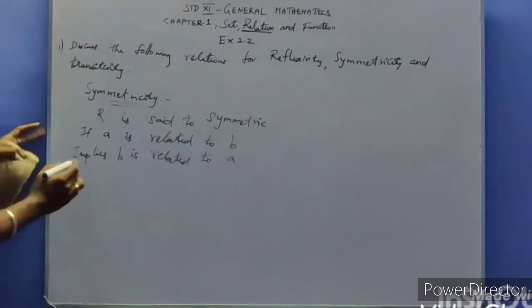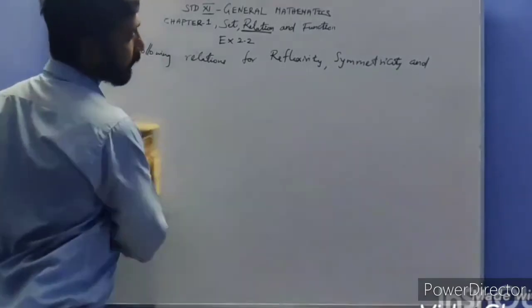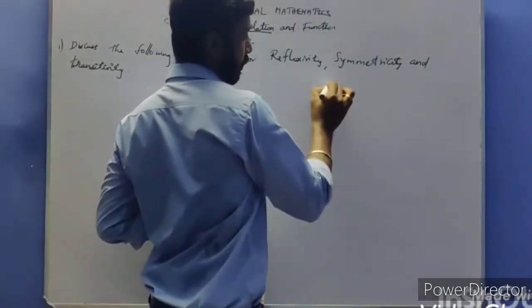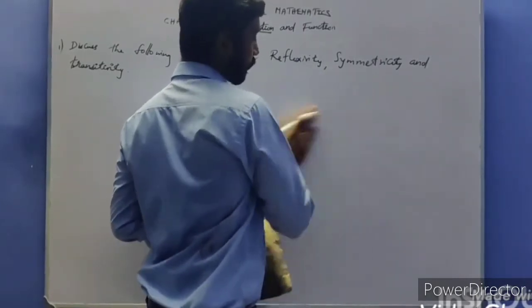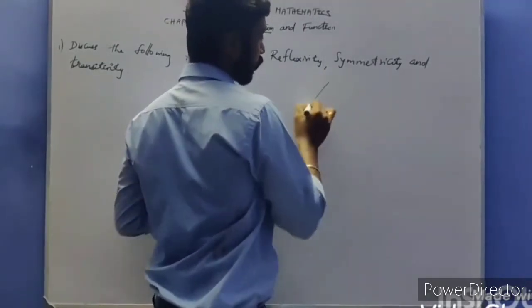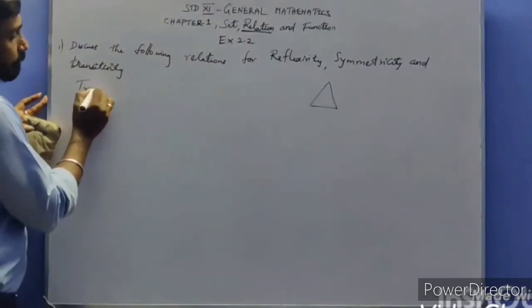Next we are going to see transitivity. It looks like a triangle. See the condition, listen here.